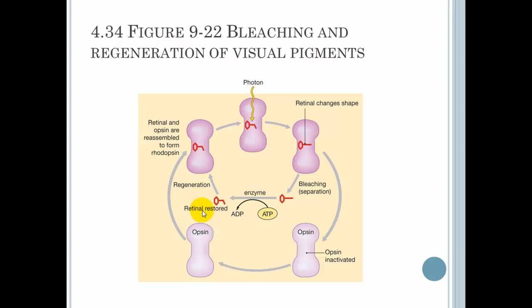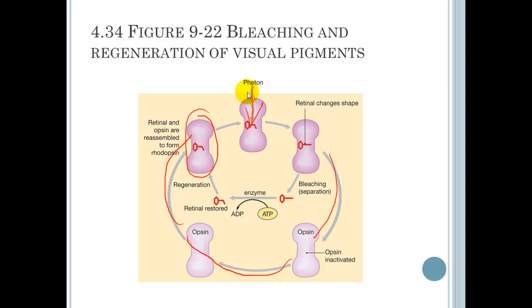Bleaching and regeneration of visual pigments. A photon comes in, this is the light ray, visible light. Retinal changes shape. Bleaching separation: you get opsin, which is inactivated. Opsin comes back around, and retinal and opsin are reassembled to form rhodopsin.